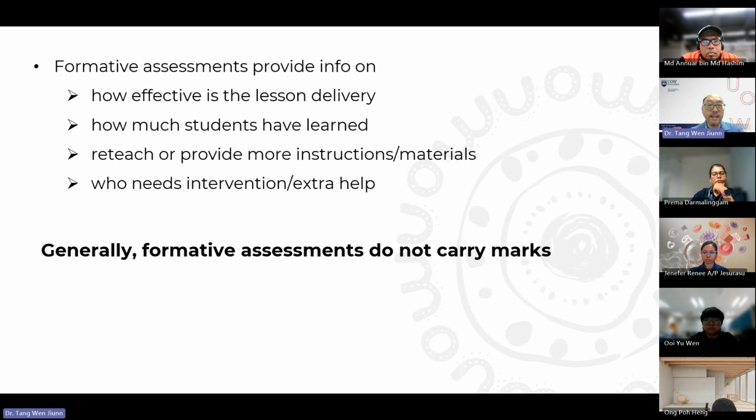We always say we have extra sessions with struggling students. So how do we identify the struggling students? It'll be from this formative assessment. We don't wait until after the midterm, then say you have a problem. That's too late already. The earlier we can identify, the easier for us to help. So that is formative assessment.